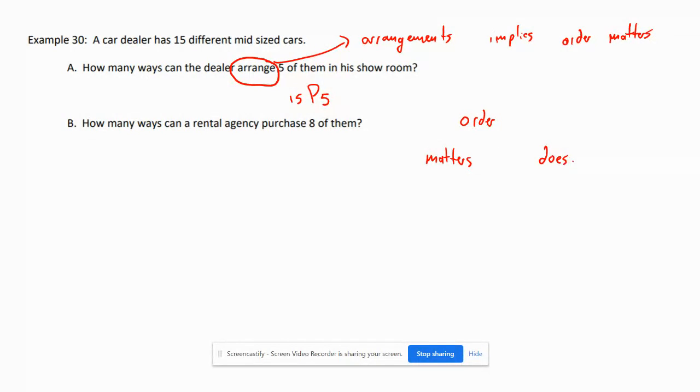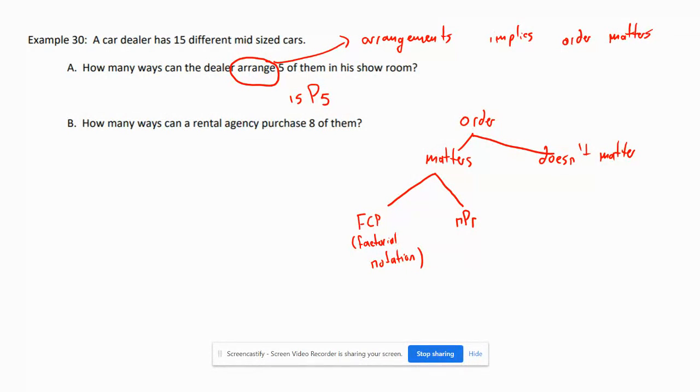I'm going to do a little flow chart over here. So if order matters or if order doesn't matter, if order matters, we could go to the fundamental counting principle, which is like factorial notation, or we could use an NPR formula over here.